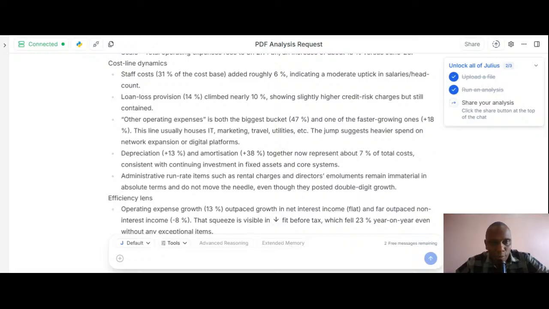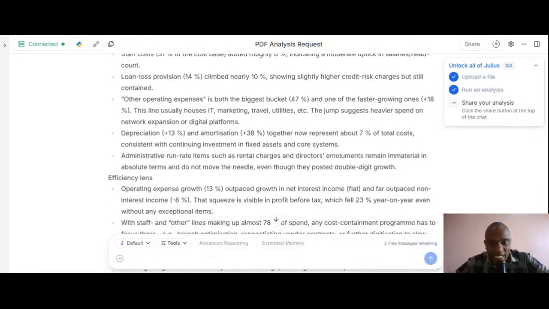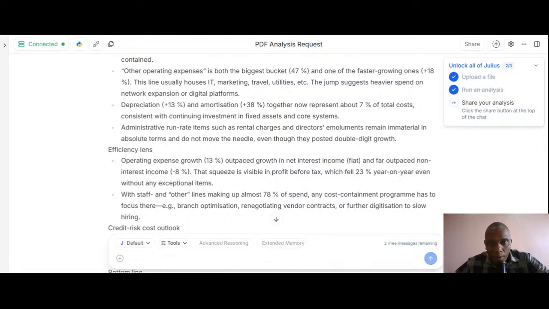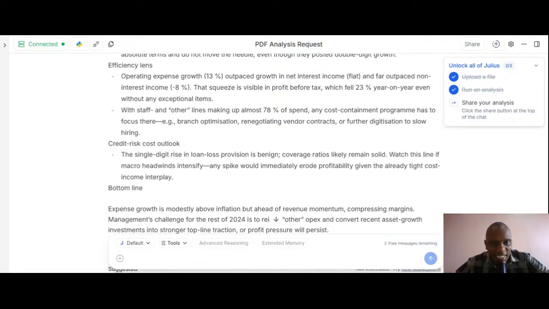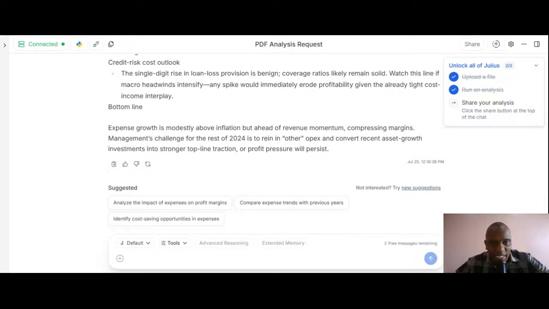Other operating expenses is actually the biggest bucket, at 47%. Depreciation and amortization, you can see. Administration line items such as rent, charges, and directors' emoluments remain immaterial. They are very insignificant. Efficiency lens: operating expenses 13%, credit risk cost, and all that.